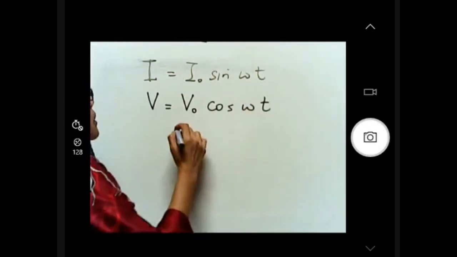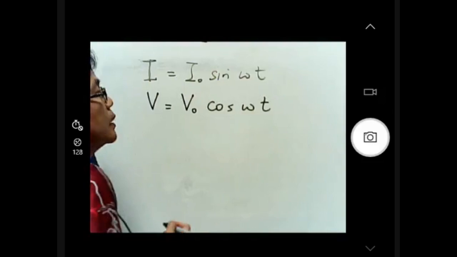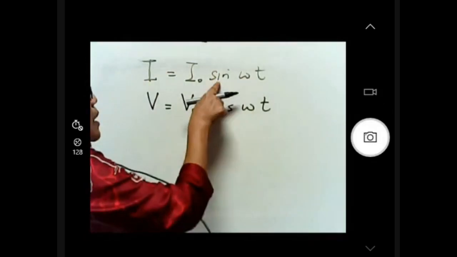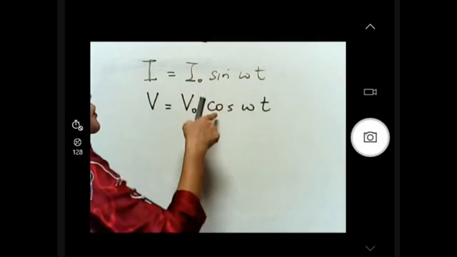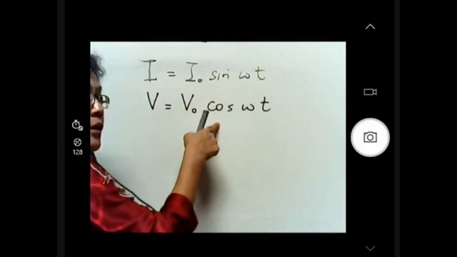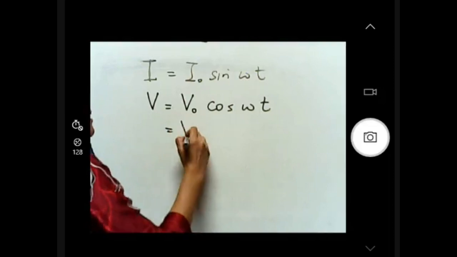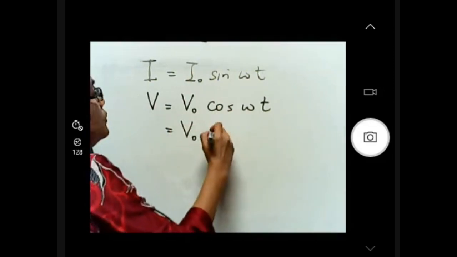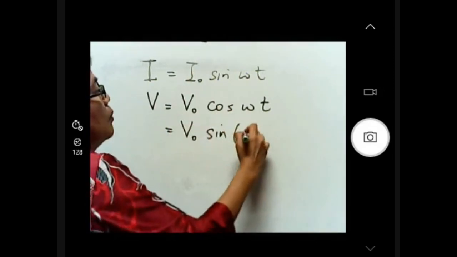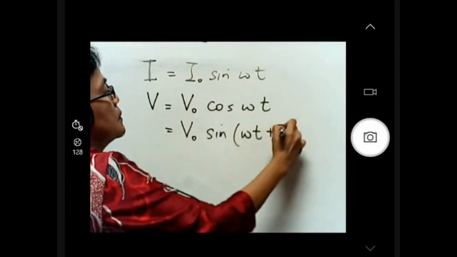That means in order to analyze phase difference, you cannot have sine and cos. You must make sure either this is cos and cos or this is sine and sine. So let me use V equals V naught sine omega t plus pi per 2.